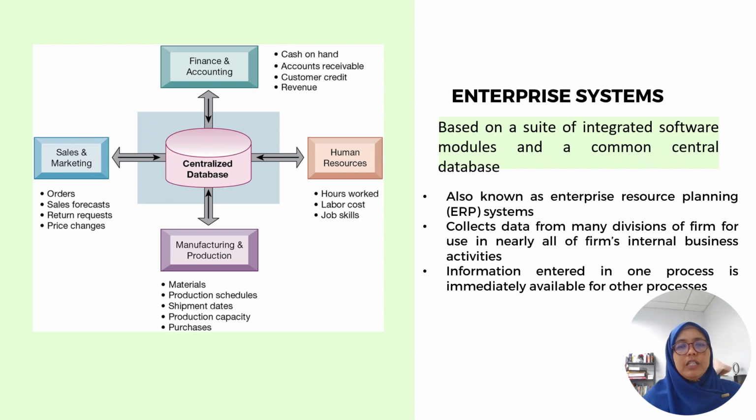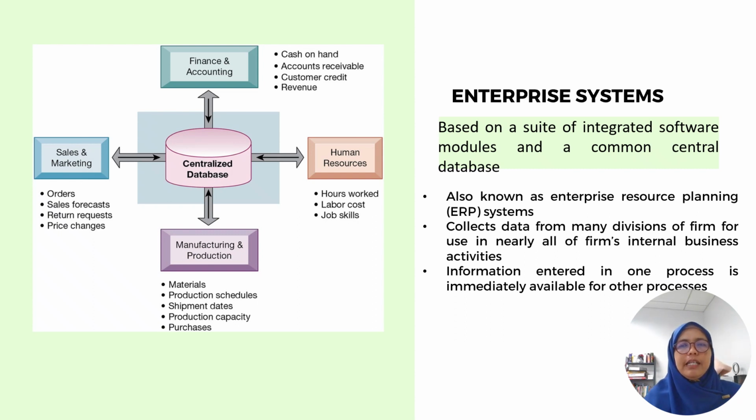It is the definition of the enterprise system. The enterprise system is also known as Enterprise Resource Planning, or ERP. It will collect data from many divisions of the firm for use in nearly all of the firm's internal business activities. All the information will enter in one process, immediately available for other processes.